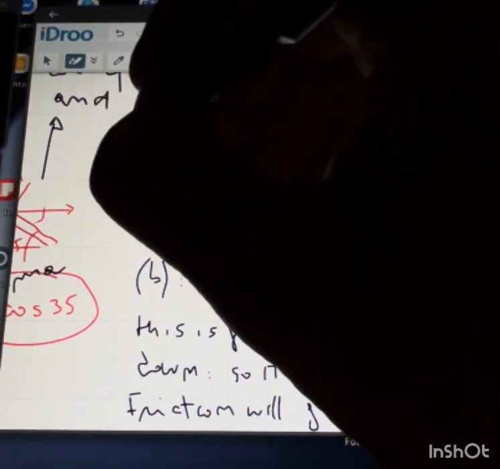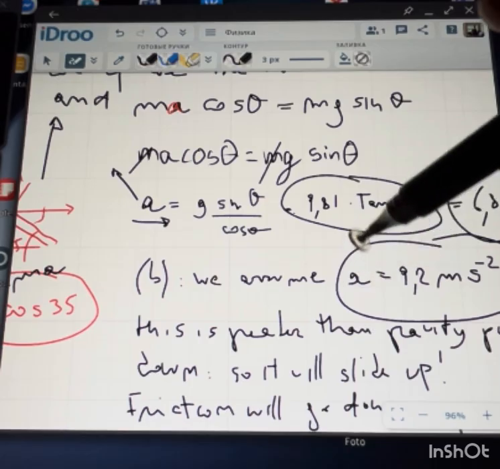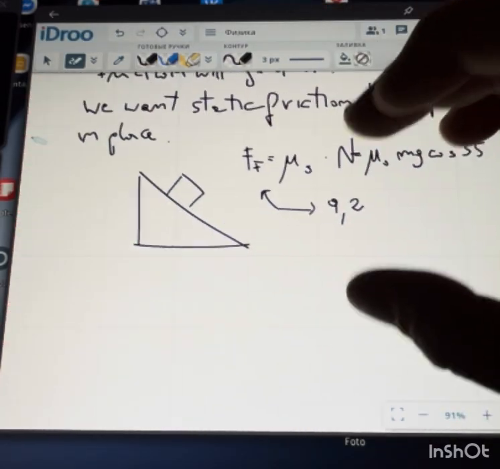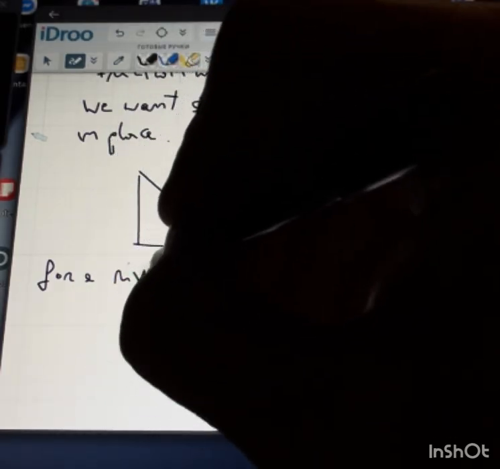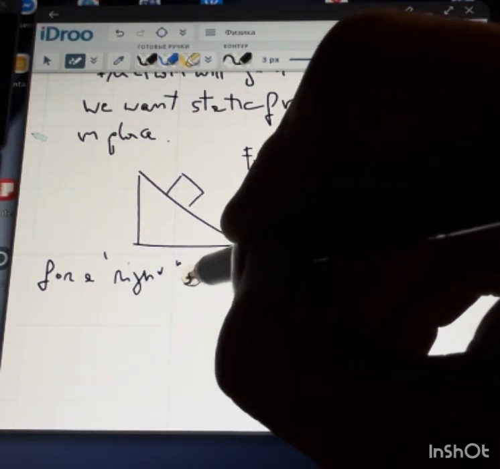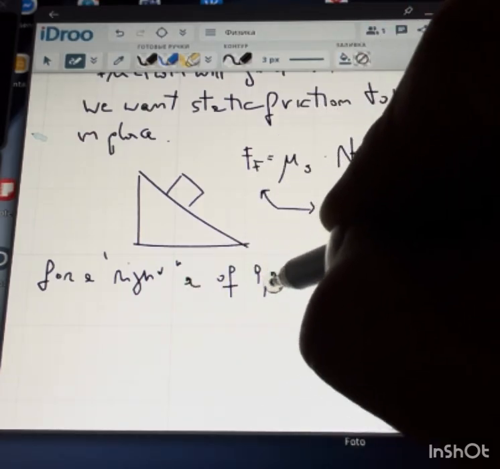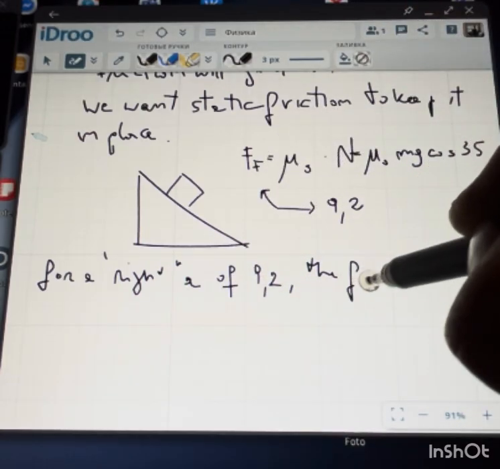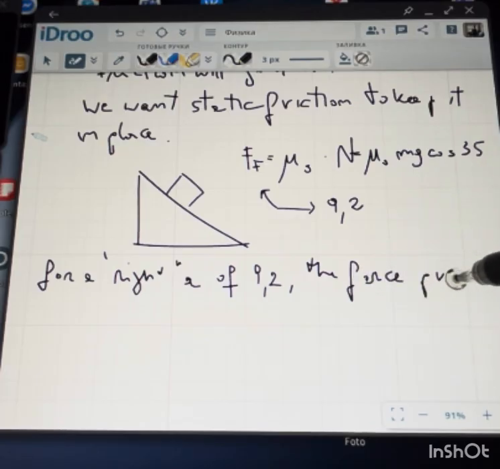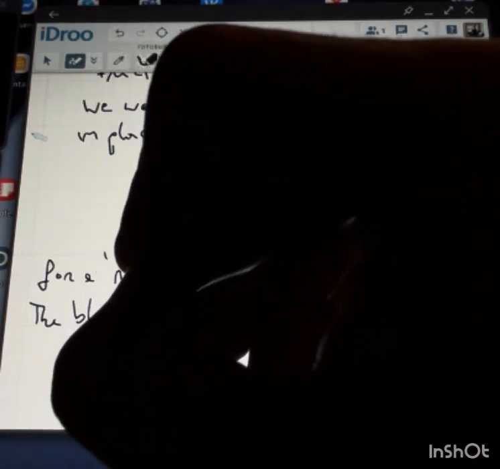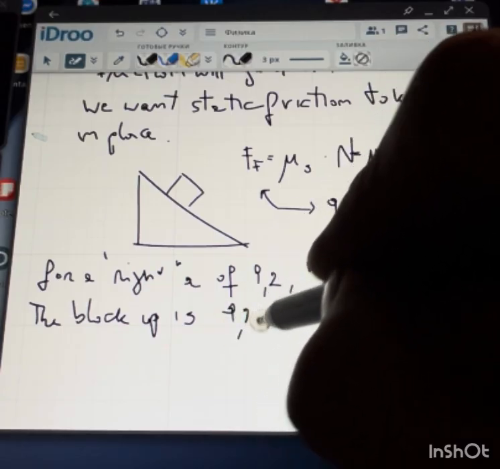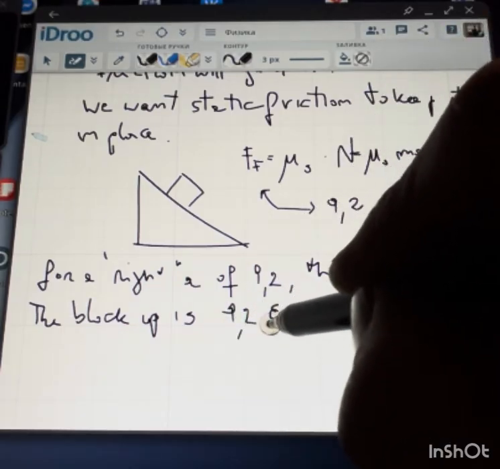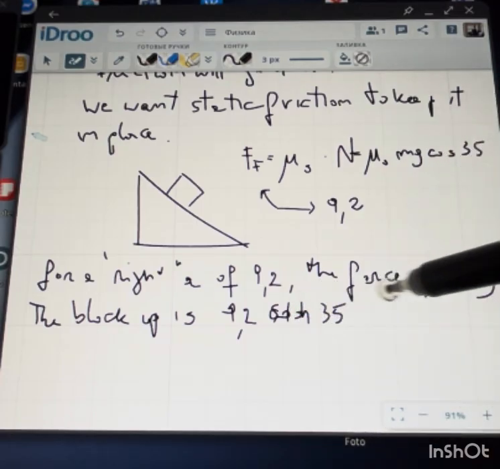And now we want this one. So for a right acceleration of 9.2, the force pushing the block up is 9.2 cosine 35, sorry, sine 35. Sine 35. Yes, sine 35.